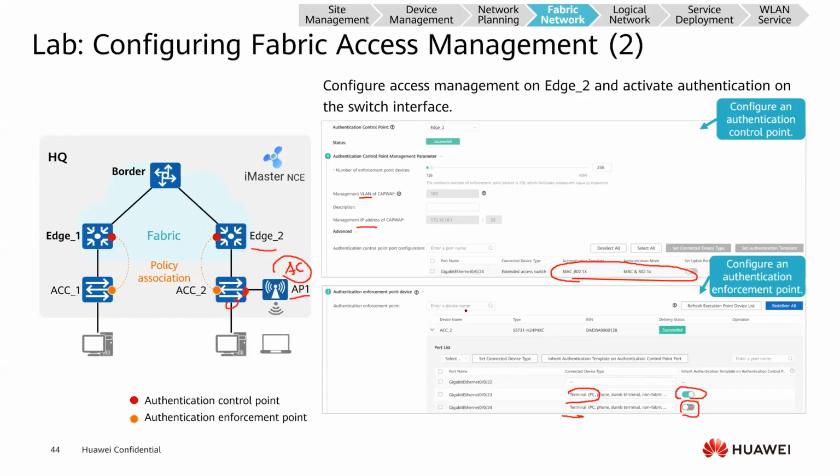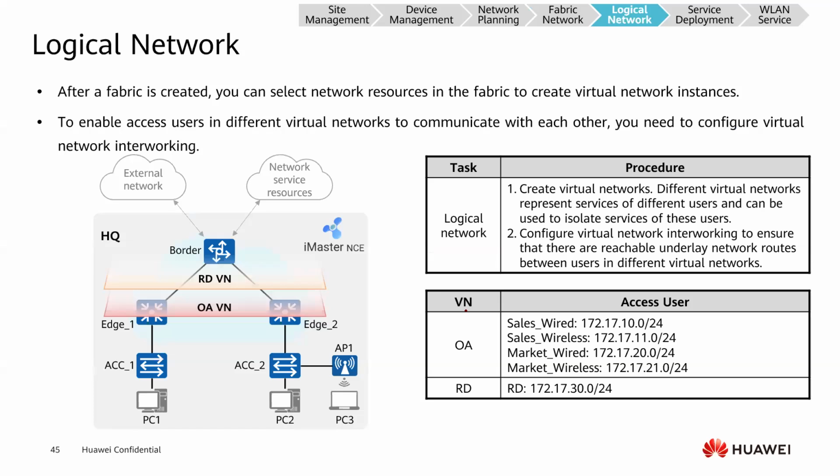And after you manage the access, such as the authentication point, that means you have finished the fabric network creation. Then you need to create the logic network, just to create the VNs based on the resource pool for the fabric. For different VNs, you need to invoke the external network that the VN can access.